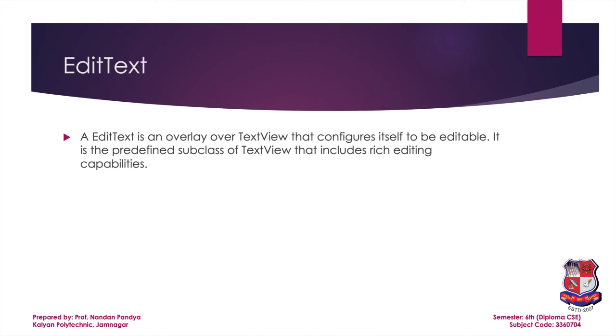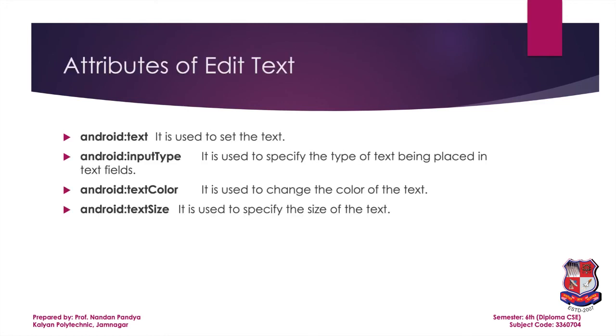For that purpose, we use the input type attribute. The EditText control is an extended version of the TextView control with additional features, and it allows users to enter input values.